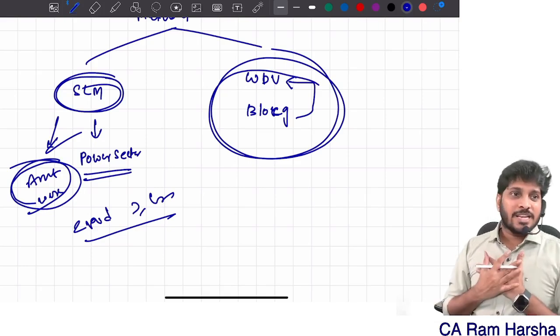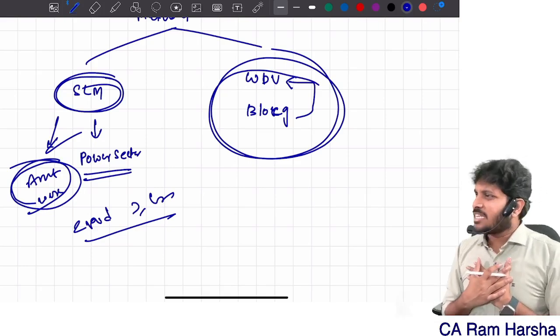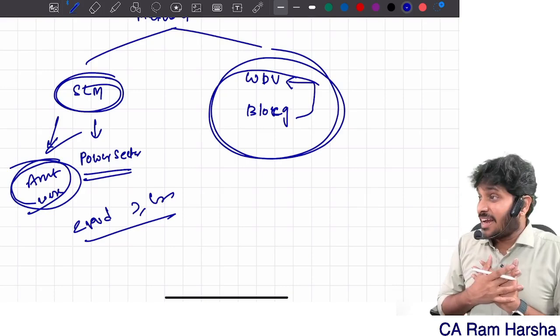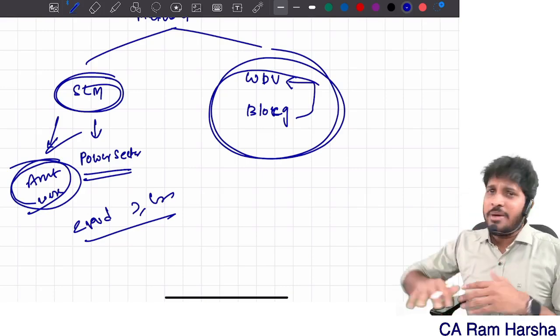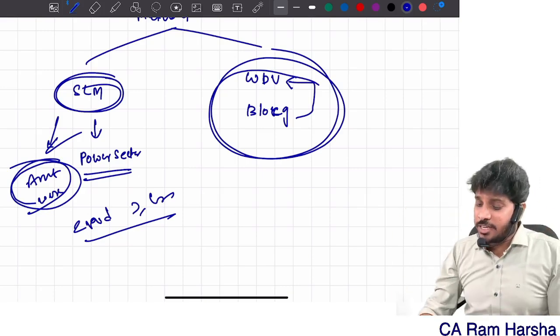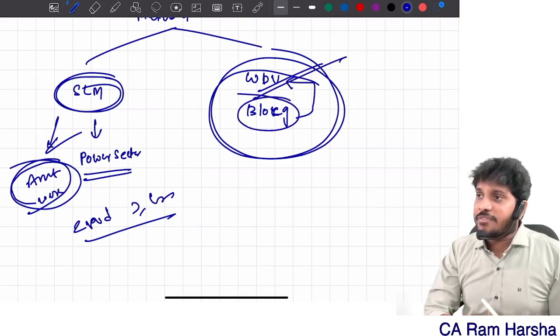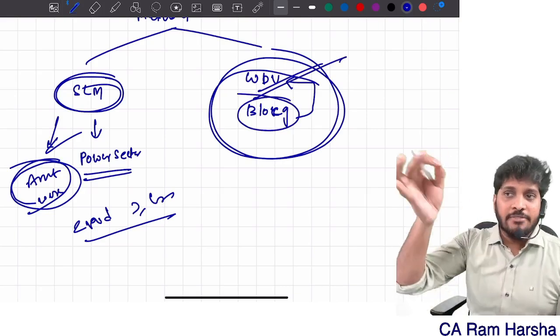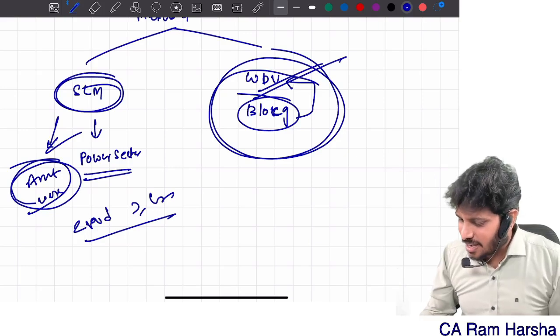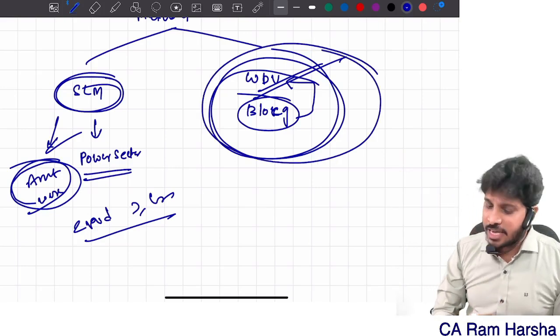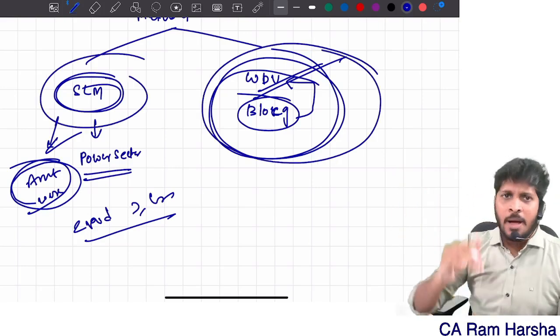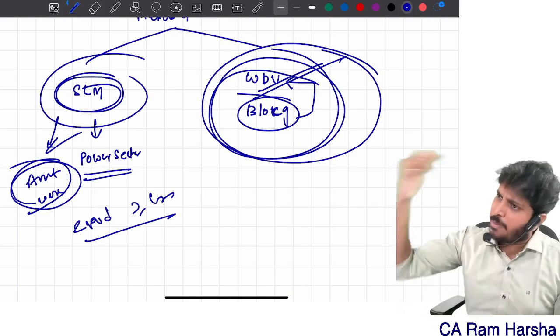Sir, my company is not in power generation, sir. My company is a normal manufacturing company, or mine is an IT company, sir. For me, always the depreciation method is what? WDV and block of asset approach. By default, every assessee comes under block of asset method WDV. Even power sector also WDV block only by default.